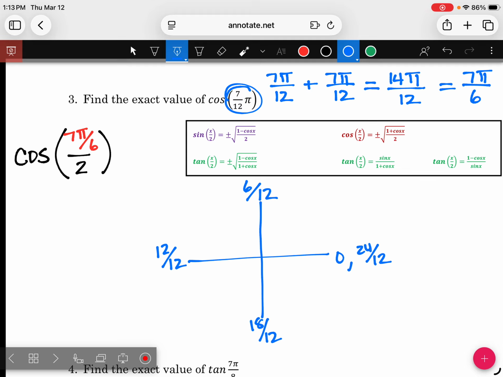So now that we have it that way, show me with your fingers, where is 7 over 12 going to fall? Because that's the angle we're talking about. 7 over 12. Not 7 pi over 6, but 7 over 12, because this is the angle I'm trying to figure out. So 7 over 12 would be somewhere in here.